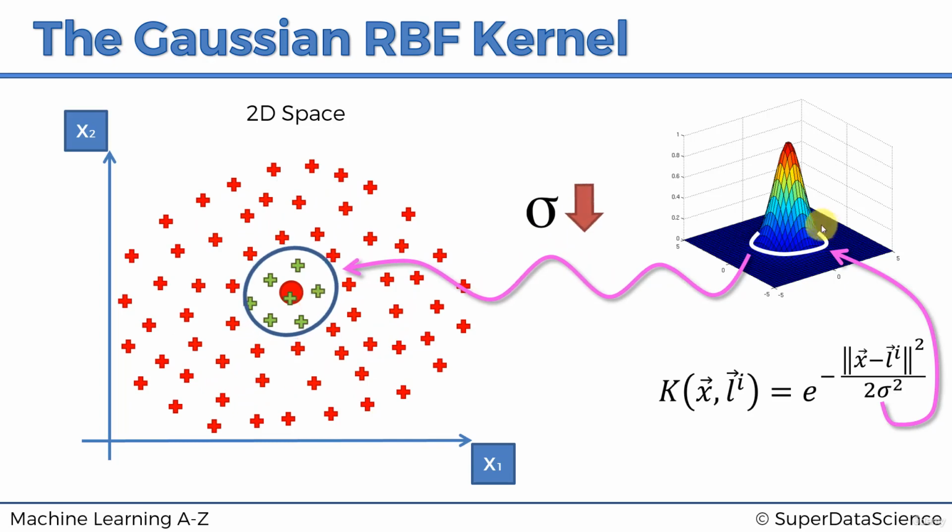Or if you decrease sigma, the circumference will decrease, and therefore you'll take fewer points. So by finding the right sigma, you can set up the correct kernel function to assign 0 values to all of the points that you don't want in your classification, and values above 0 to the points that you do want in your classification. And that will allow you to separate the two and classify each one.